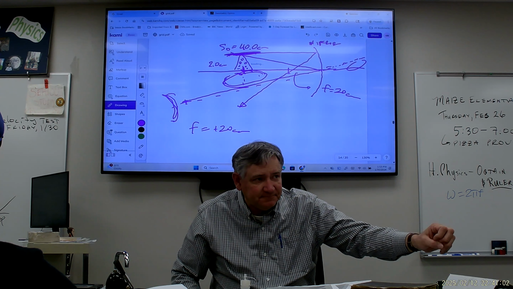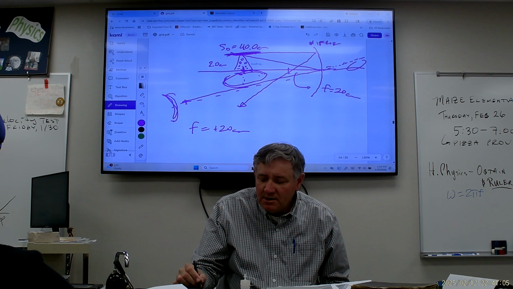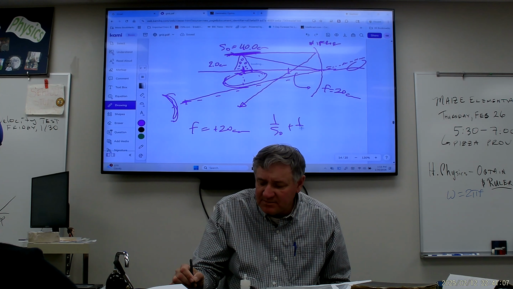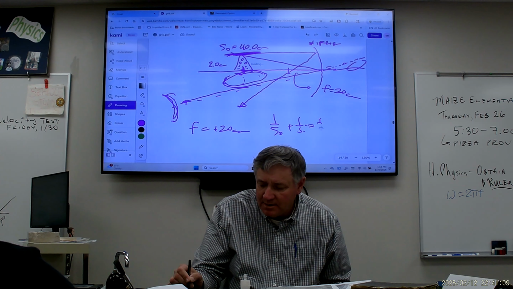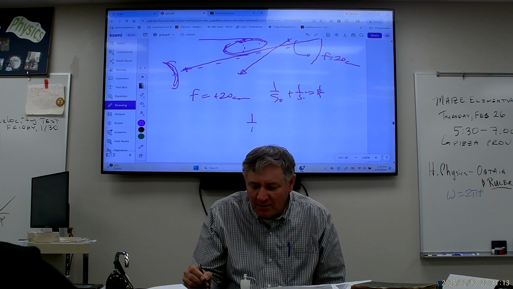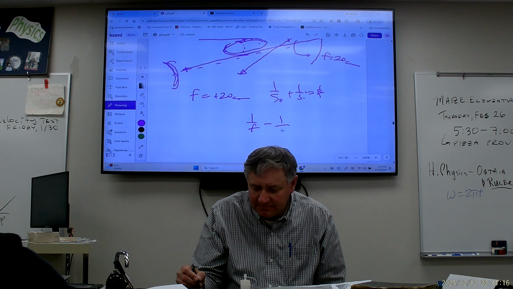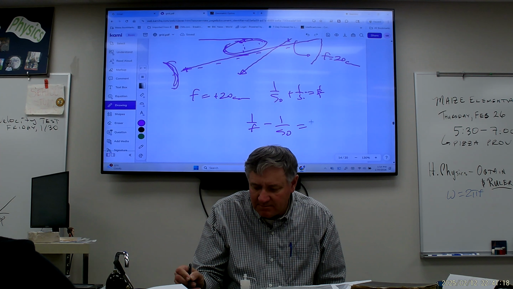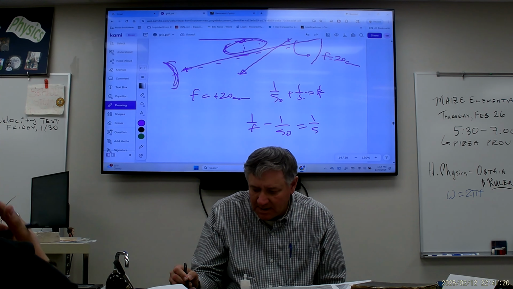See the pattern? Yes. Where we're going with this. Yes, sir. So I got 1 over so plus 1 over si equals 1 over f. Okay? So 1 over my focal length minus 1 over so is going to give me 1 over my image.